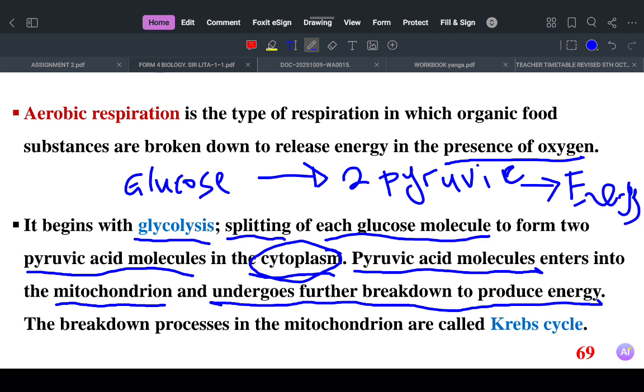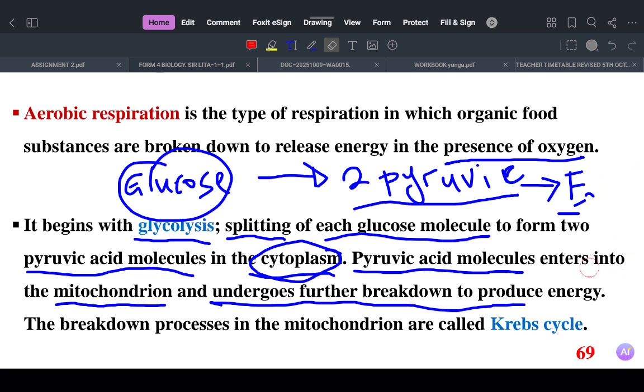All right, and the breaking down of glucose into pyruvic acid molecules is done in the cytoplasm. So once the glucose molecules are broken down into pyruvic acid molecules, they enter the cell mitochondrion, where they are further broken down to produce energy, which is the main product of respiration, as we shall see very shortly.